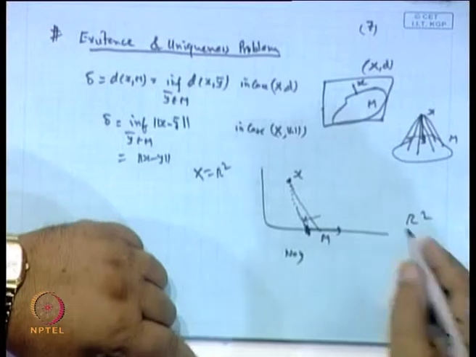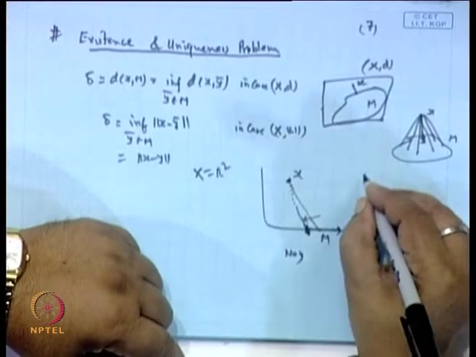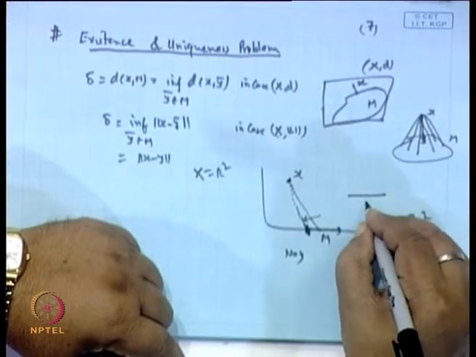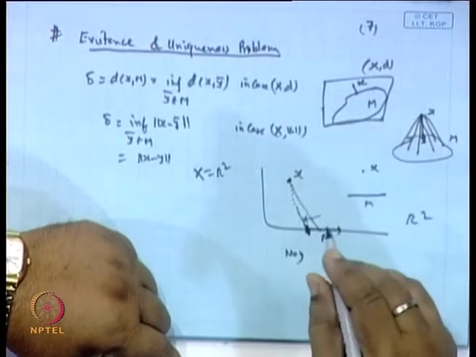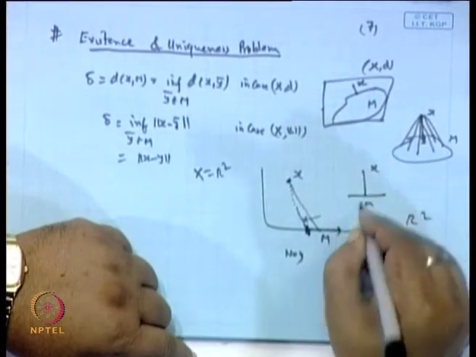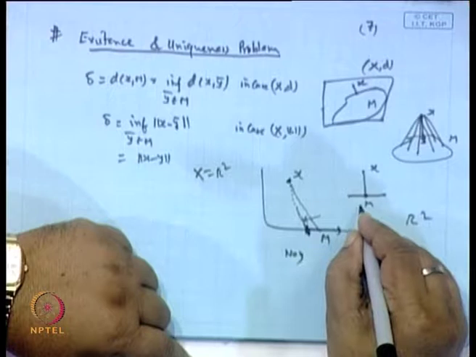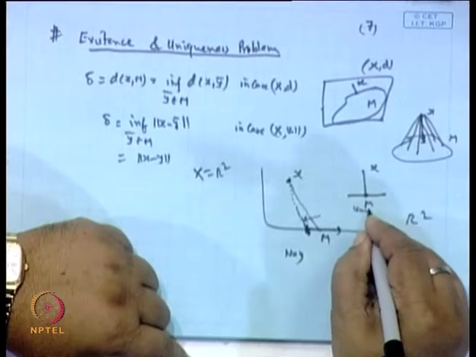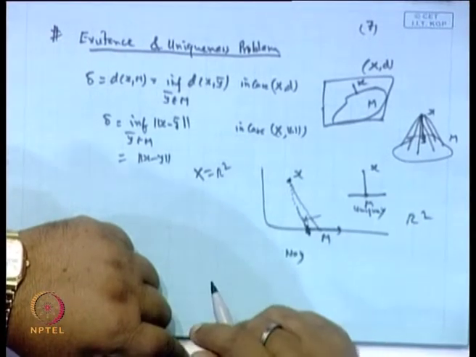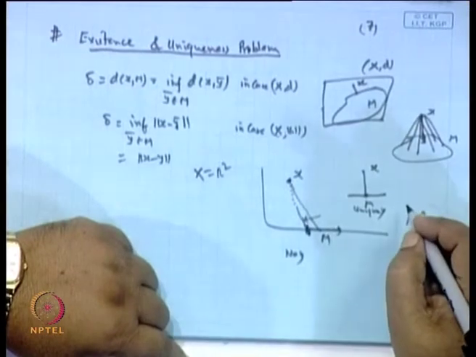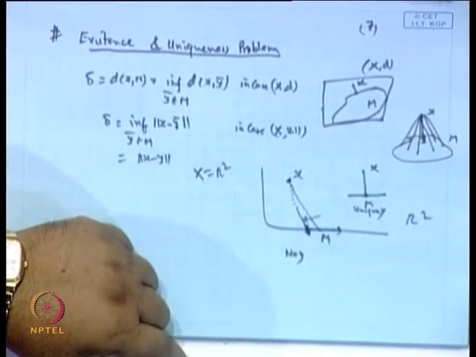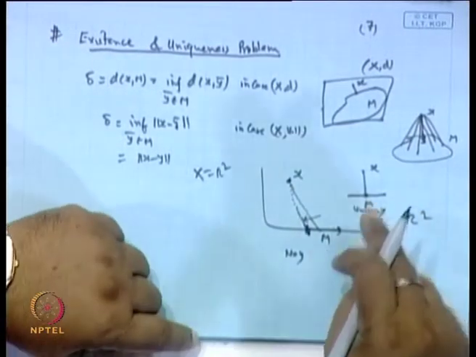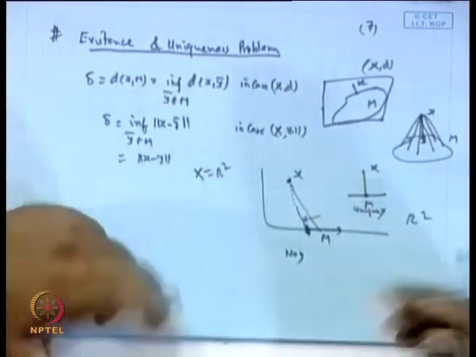On the other hand, if I pick up this as our M and here is X, then draw the perpendicular. So, you get a unique y0, is it not? Here I am taking different cases.